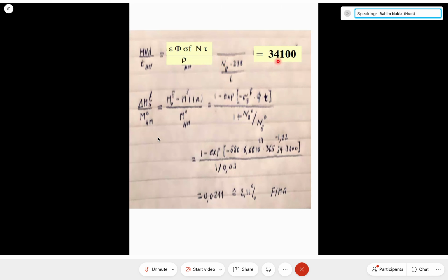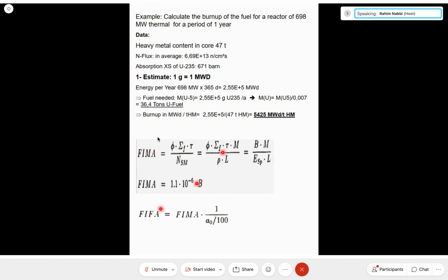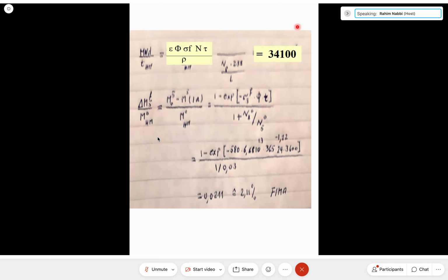And you see very clearly that in this case, the relationship between FEMA and megawatt day per ton is not the number we had before. See here, megawatt day per ton to FEMA is 1.1 times 10 to the power minus 6. Here the relationship, or the factor between them, is not the same.